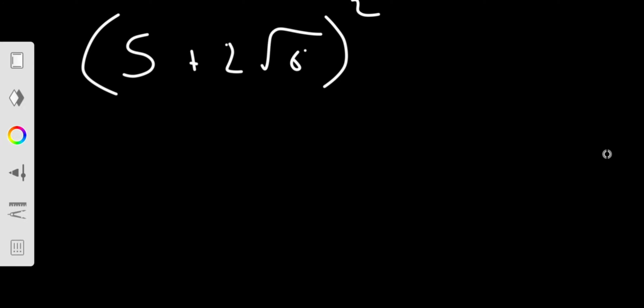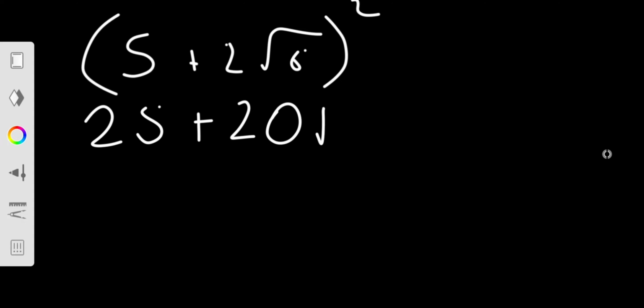5 squared is 25, plus 2 versus a versus b, 4 versus 5, it's 20. I'm doing this number multiplication fast because you need to do them by yourself, okay, on a sheet of paper or something like this.